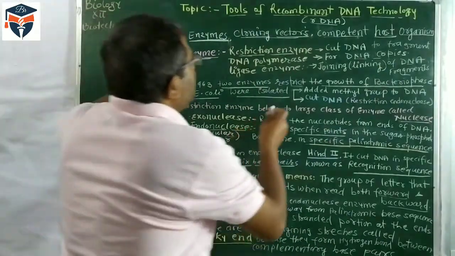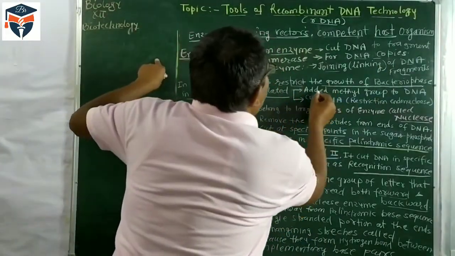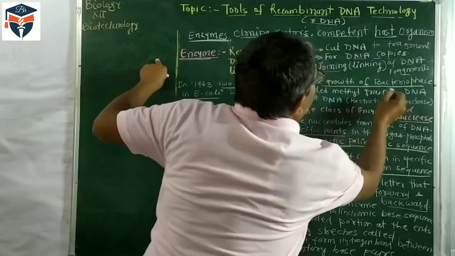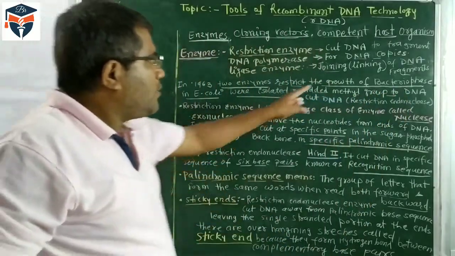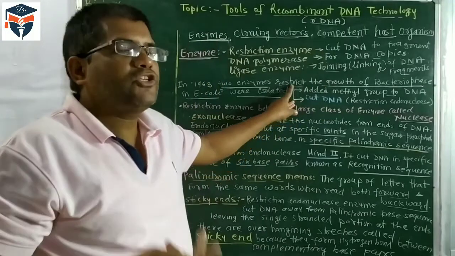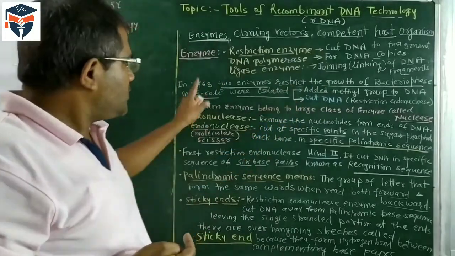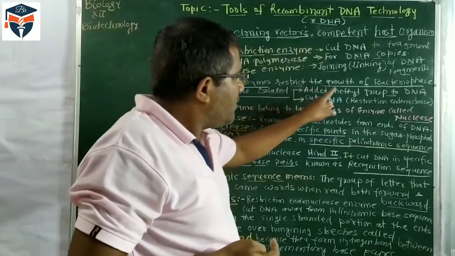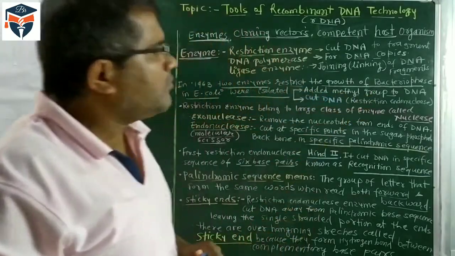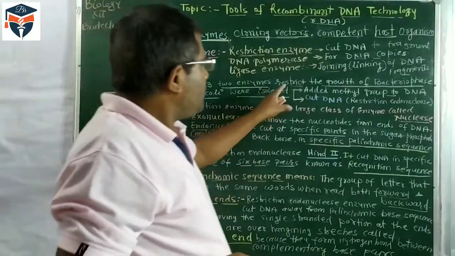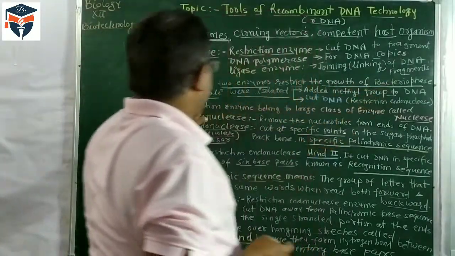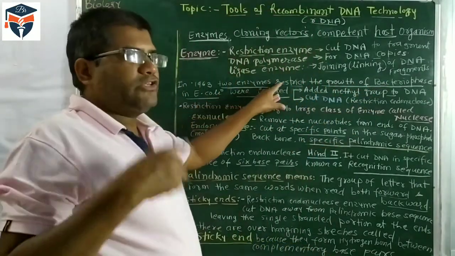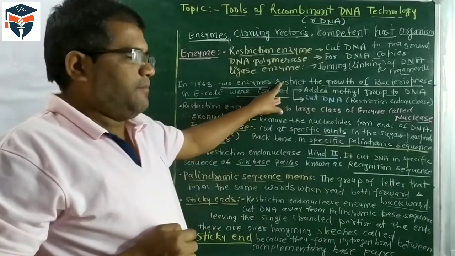The first enzyme added a methyl group to the DNA, and that's why the growth of bacteriophage in E. coli gets restricted. This was the one enzyme.